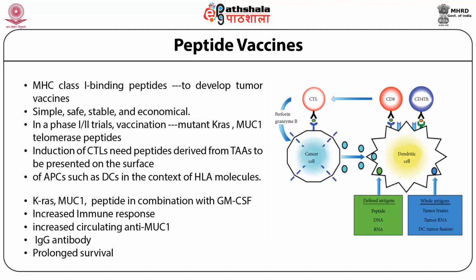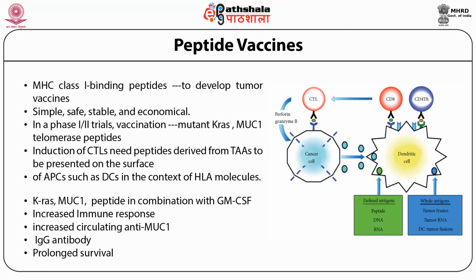And how can it be generated? For the mutant KRAS or the MUC1, telomerase peptides can be generated as the vaccine. They induce the cytotoxic lymphocytes. Induction of CTLs needs peptides derived from the tumor-associated antigens presented on the surface.